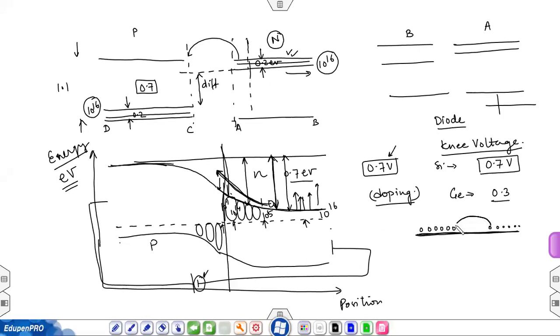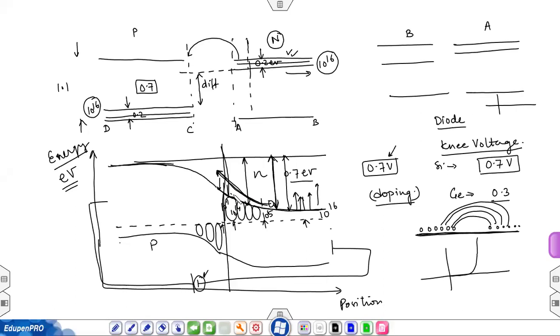So every electron will see an empty state here. It will try to go to this side. After 0.7 volt, the current will increase exponentially, because 0.7 के बाद ये सारा का सारा barrier खत्म हो जाएगा. As soon as you apply a voltage more than 0.7 volt, there will be no barrier.